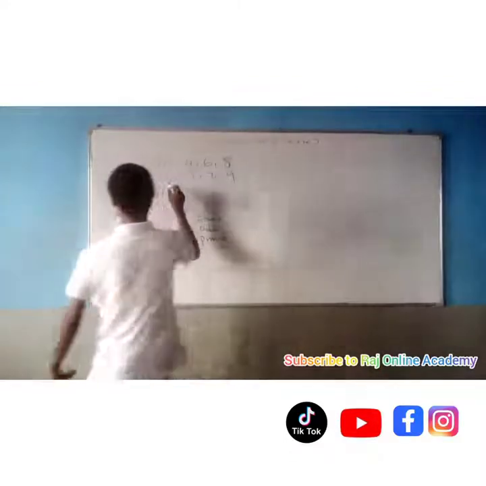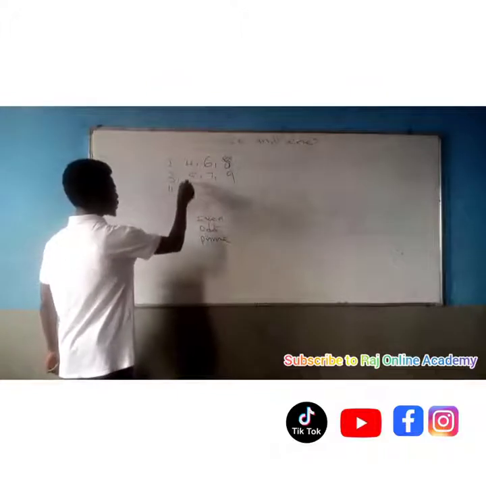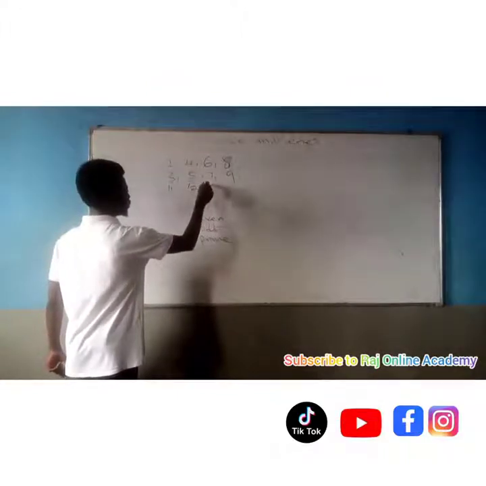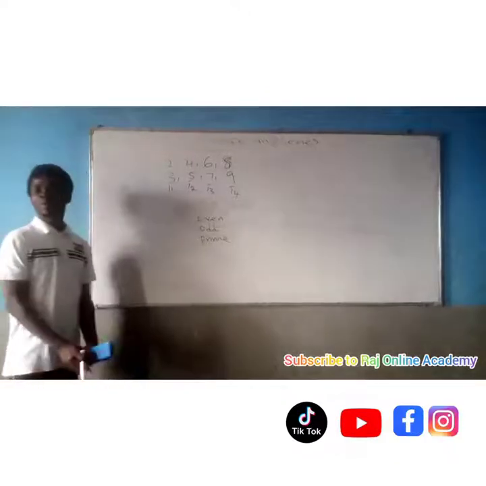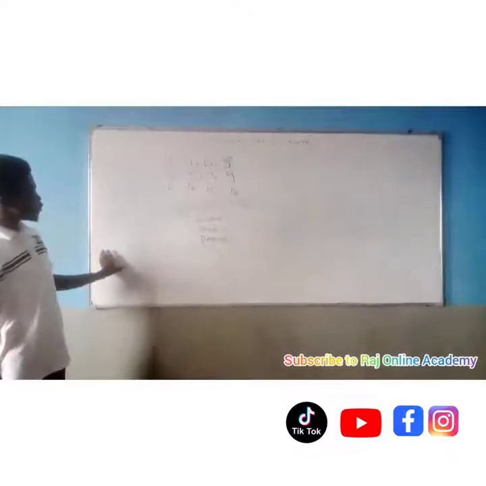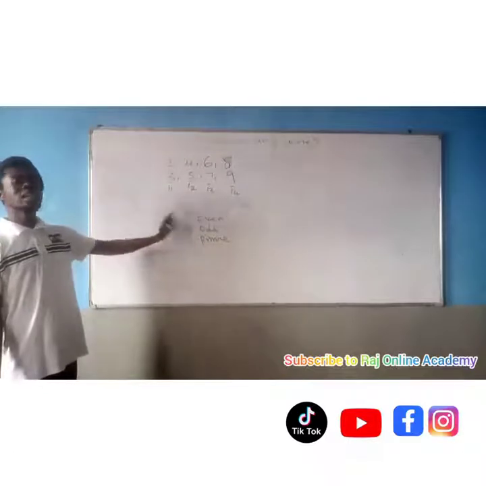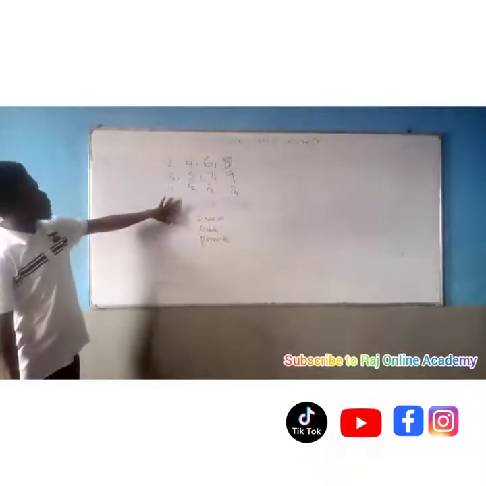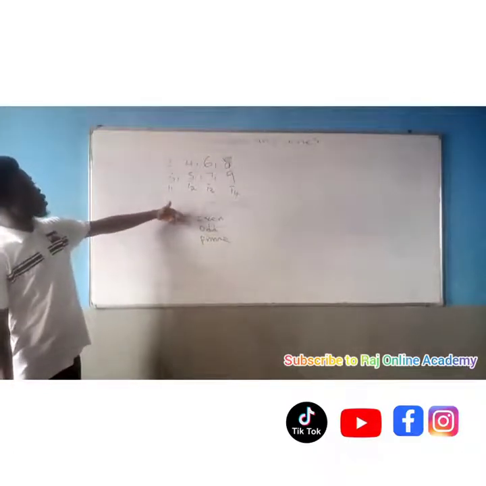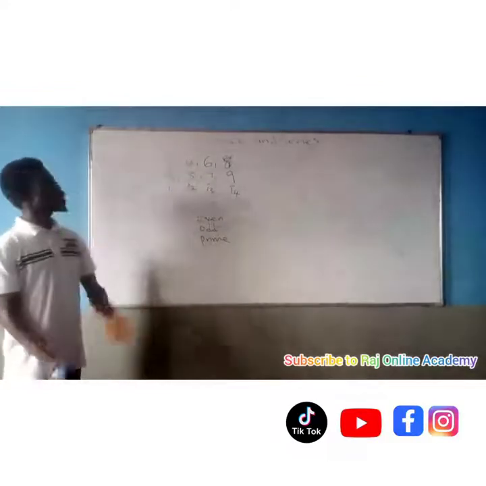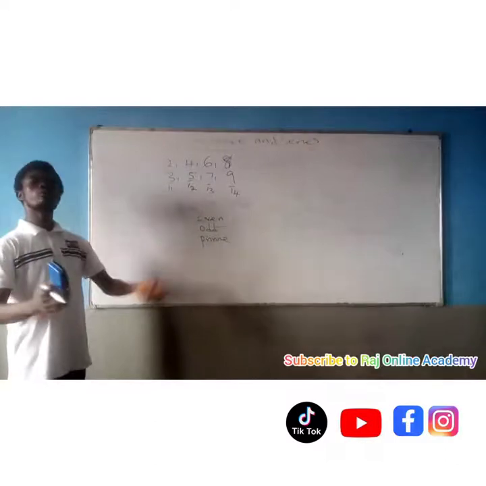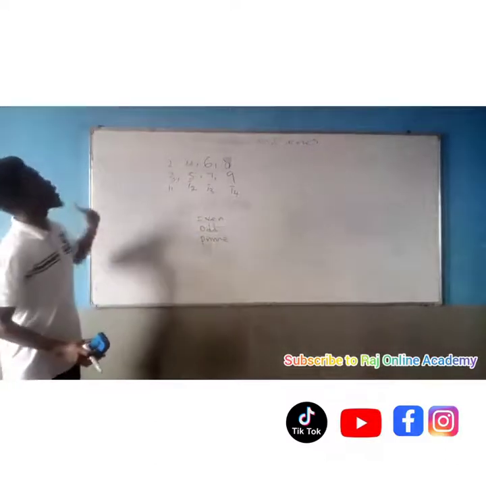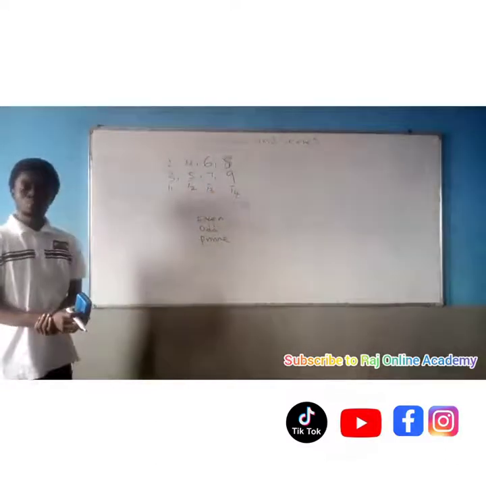So this is term 1, term 2, term 3, and term 4. Each member or number here is called a term. It can be continued.